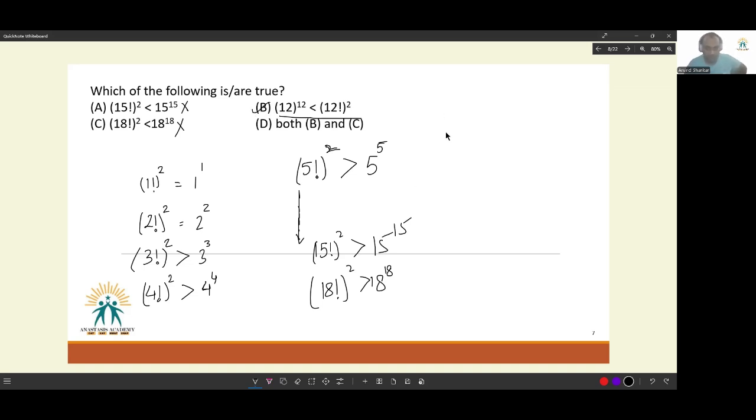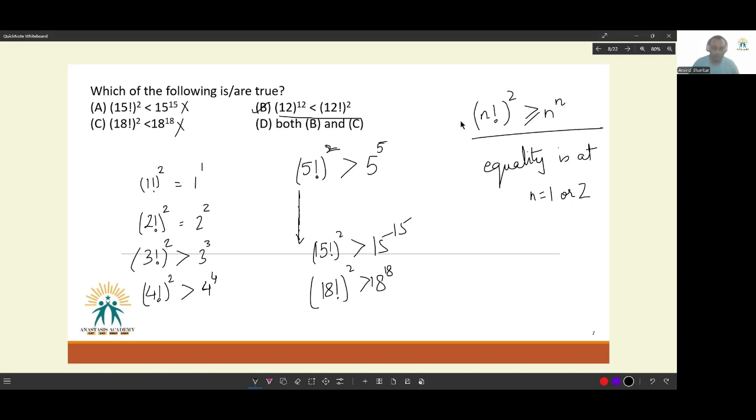Now, takeaway wise, n factorial square is greater than or equal to n raised to the power n. Equality is at n equal to 1 or 2, but beyond those points, n factorial square will be greater than n raised to the power n. This is a very, very useful result, helps us in solving questions.